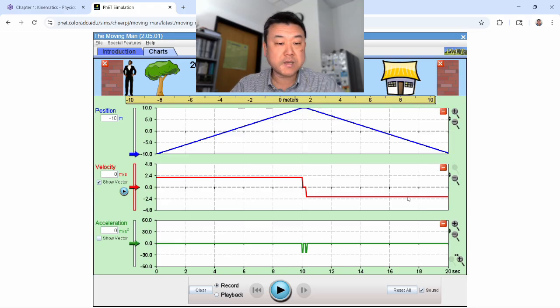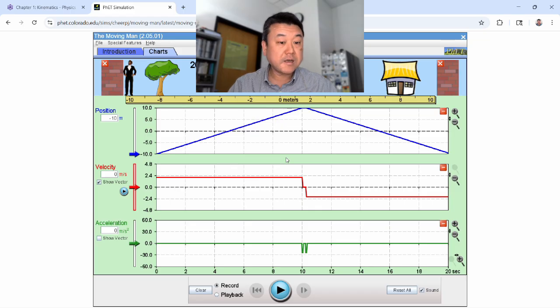We would say his average velocity over the 20 seconds was 0, but his average speed, if you imagine taking the absolute value, was 2 meters per second here, and this minus 2 meters per second becomes also 2 meters per second. So if you ignore these little portions where he wasn't moving at all, his average speed was 2 meters per second. So this was the textbook example.